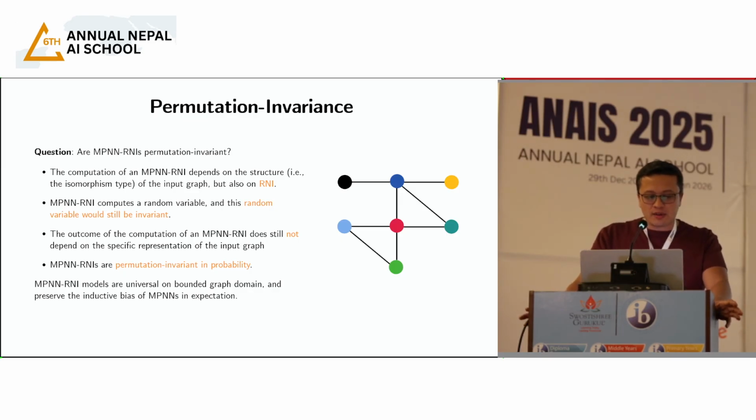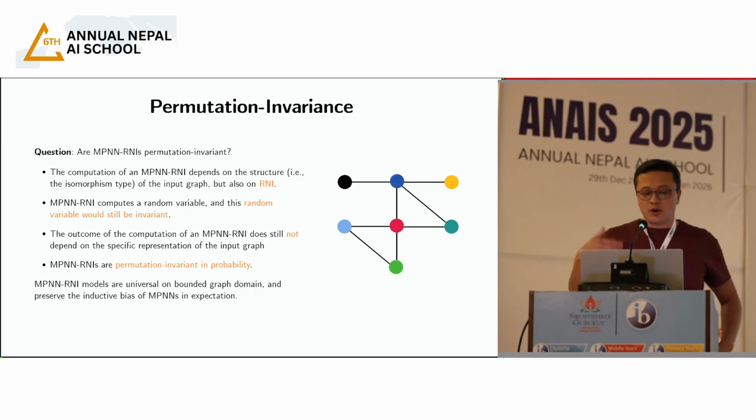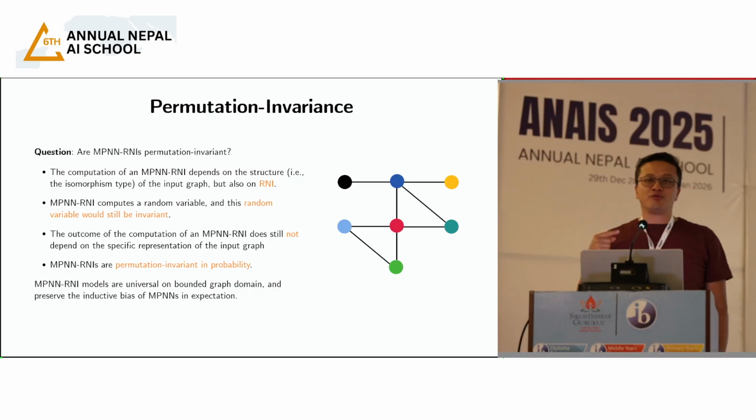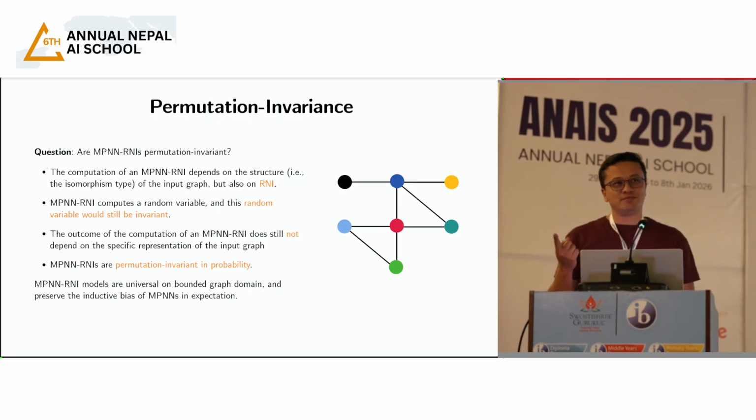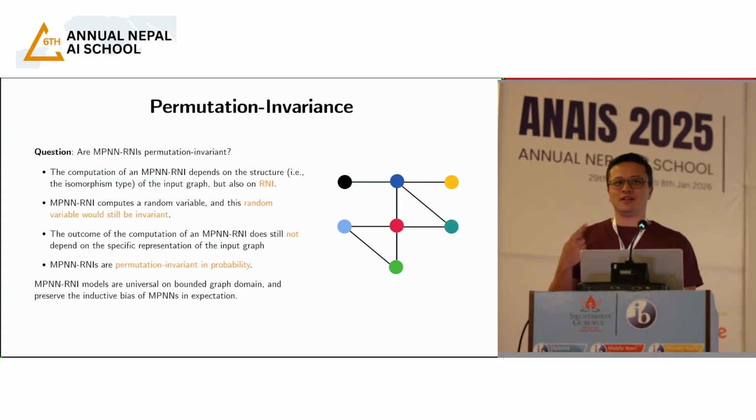But the interesting thing is that because the model computes a random variable, the random variable itself is still invariant. The outcome of the computation still does not depend on the specific representation of the input graph. This is a good property. So the model is still permutation invariant in probability. It doesn't hold deterministically anymore, but in probability it holds.